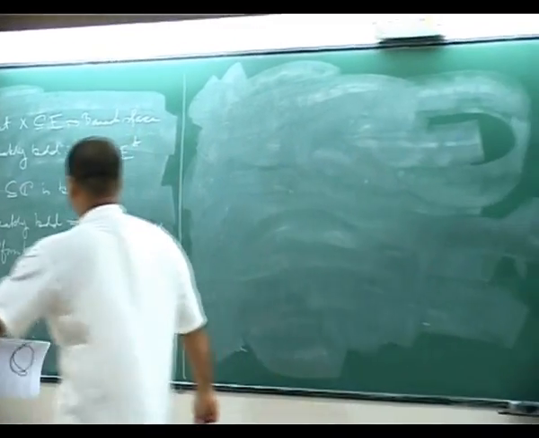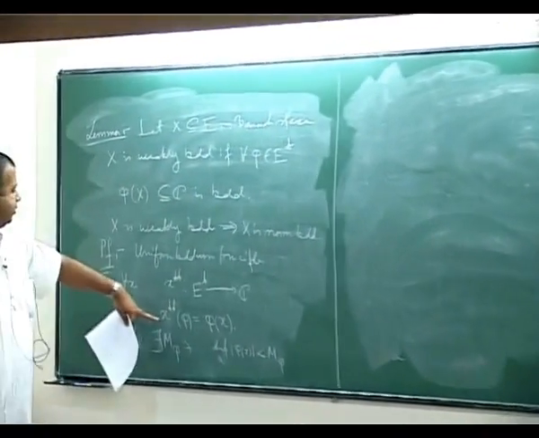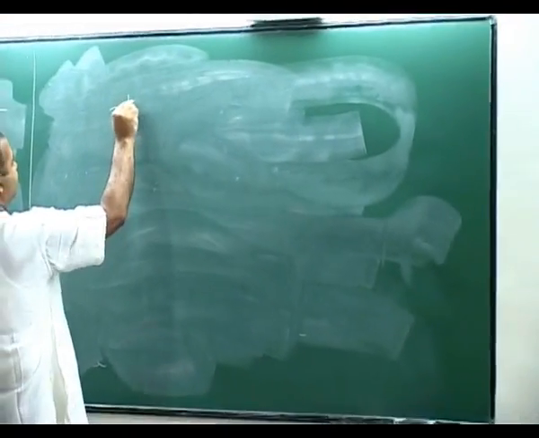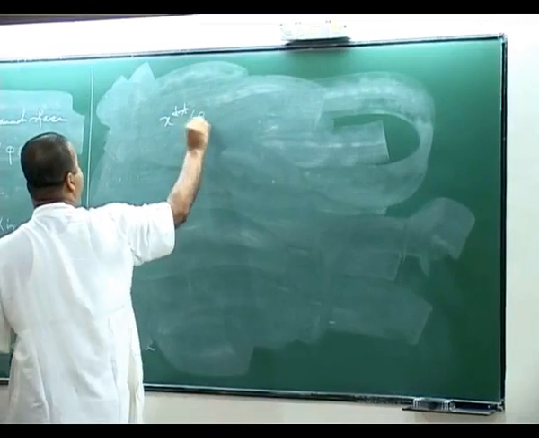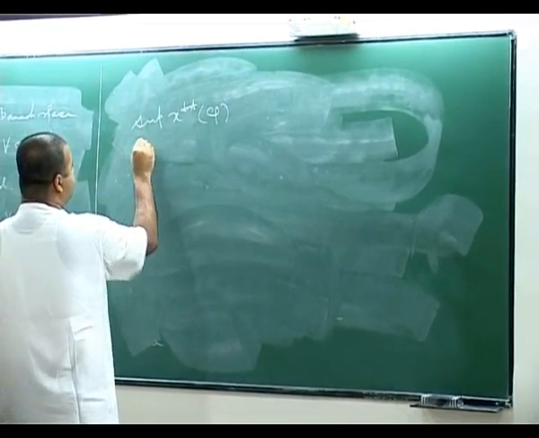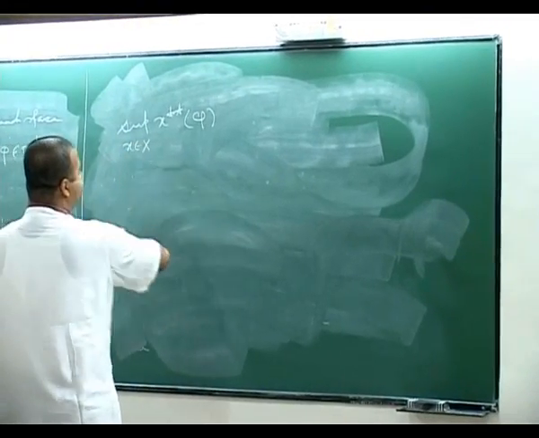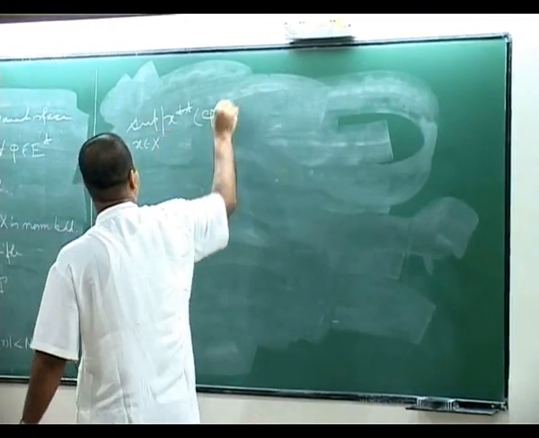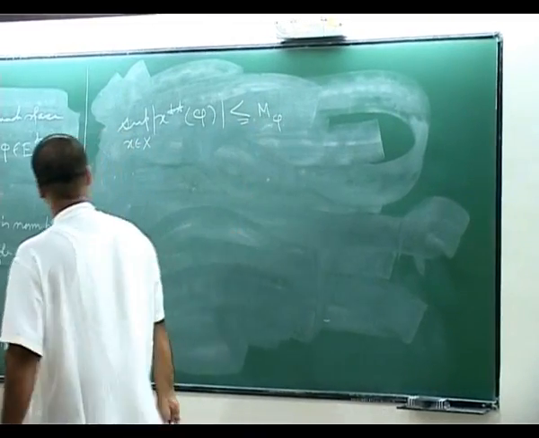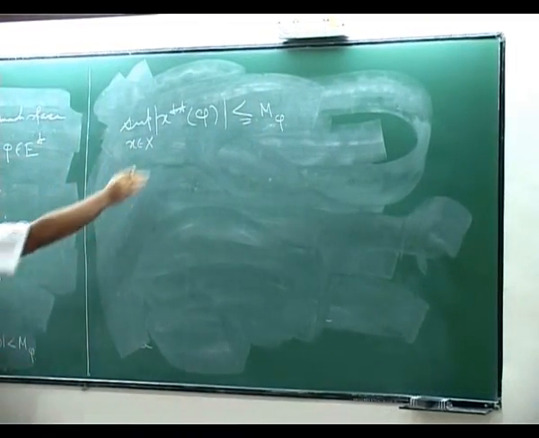That means if you consider this family of linear maps x star star, fix a point phi, right, this condition and this condition are the same.